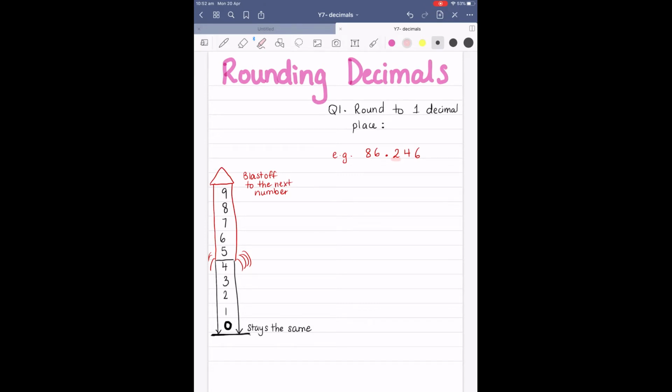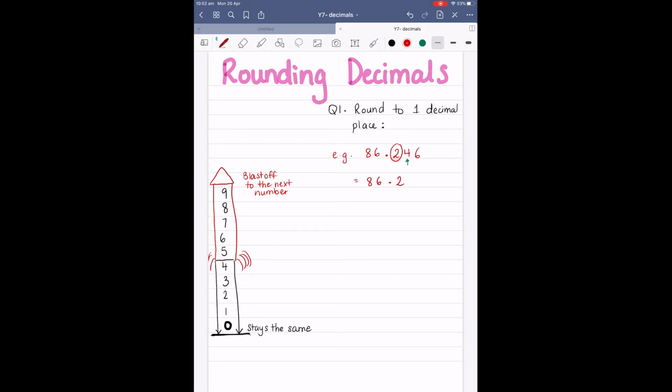Looking at this number, we know it's number 2. The next number that you see is a number 4. However, number 4 is on the rocket and does not have enough power to blast off. So what this means is the number 2 stays the same. Anything at the front stays the same: 86.2. And that's what it means.